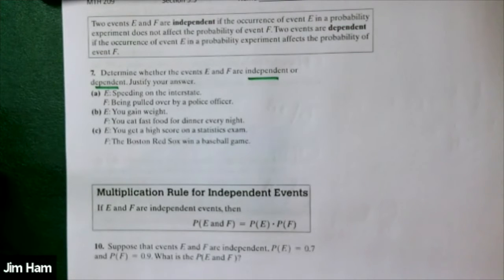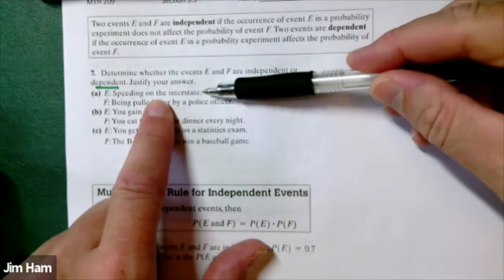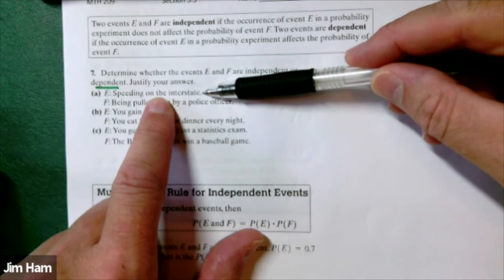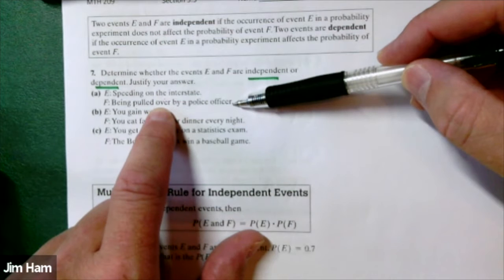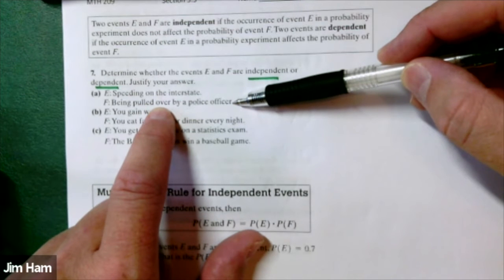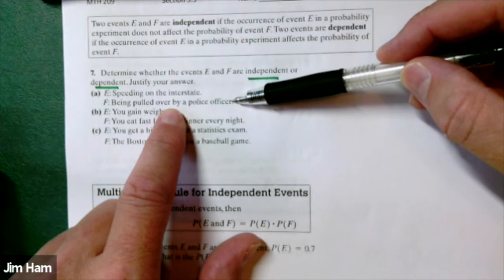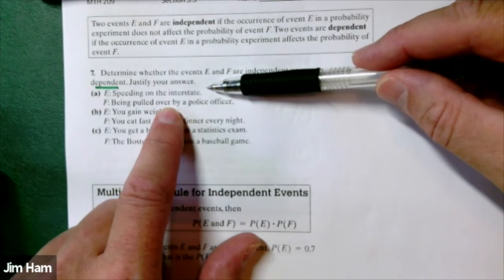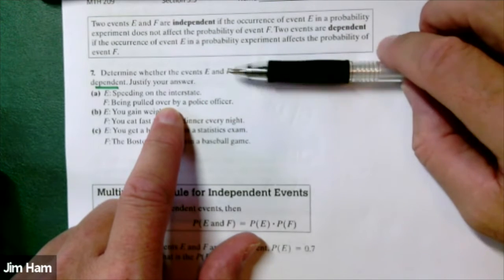Okay, so some of you are putting answers in there. Okay, so you can ask the question this way. If you knew that someone was speeding, would they be equally likely to be pulled over by a police officer? Would they be less likely to be pulled over by a police officer, or would they be more likely to be pulled over by a police officer? And let's just make it extreme. Let's say someone's driving 100 miles an hour down the highway, and then there's a police officer sitting in the median.